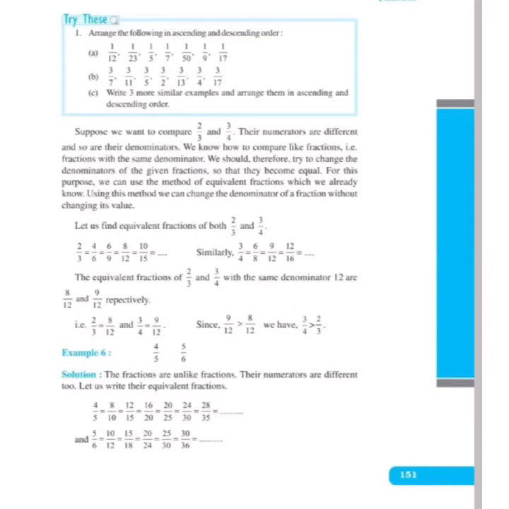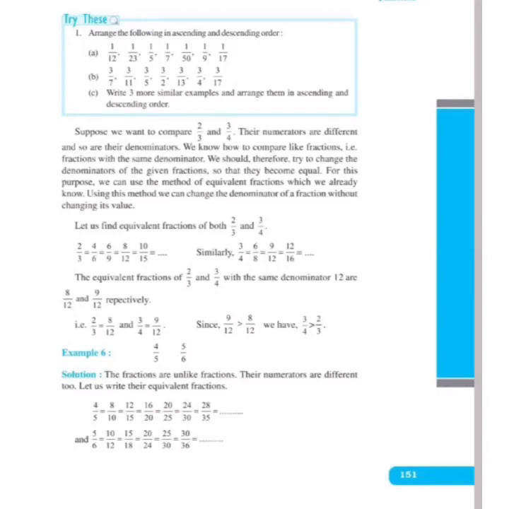So children, here what we will do, we will find out the equivalent fractions of both the unlike fractions, 2 by 3 and 3 by 4, till we get the same denominator in both the fractions.